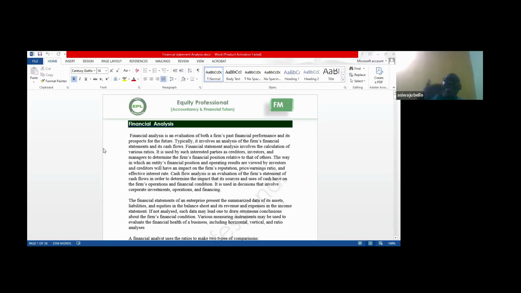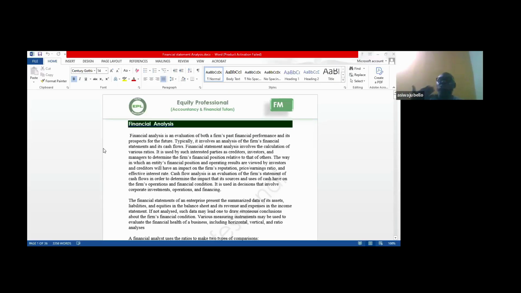If you carry out financial statement analysis, it enables us to know the financial position of a firm relative to other firms within the industry.